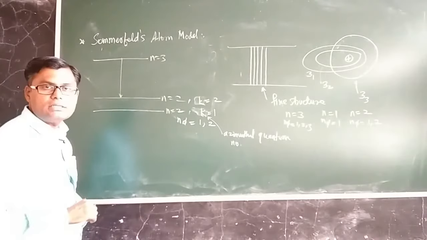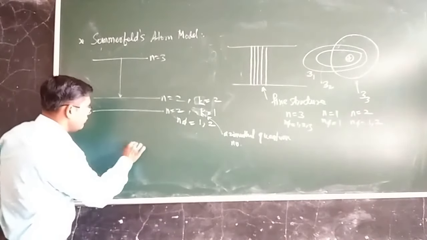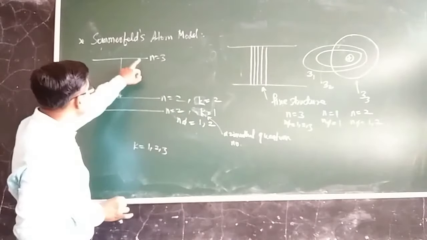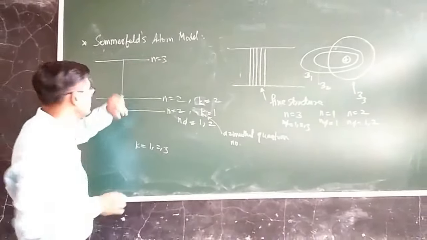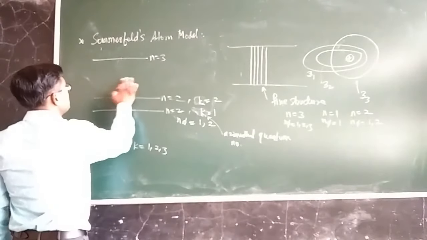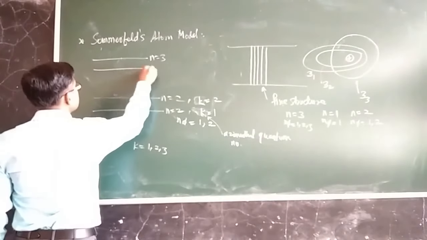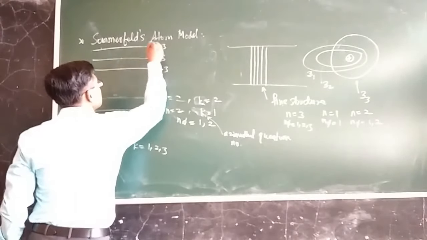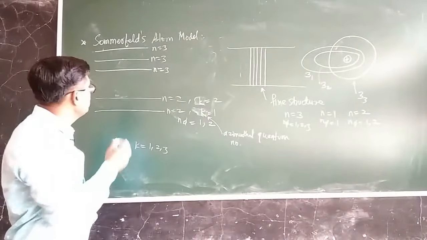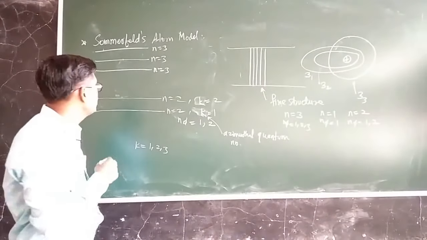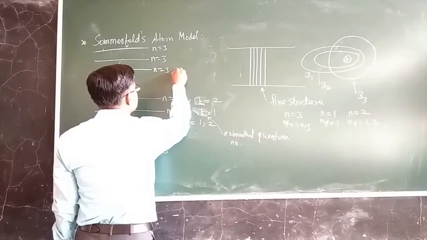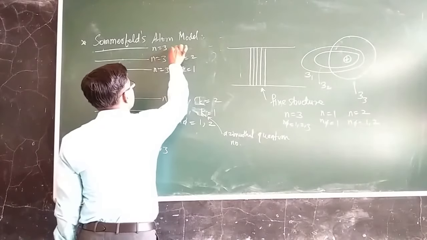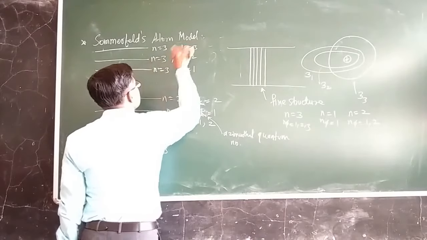What about n equal to 3? For n equal to 3, n phi or k will be equal to 1, 2, 3. So this single energy level will be split into 3 energy levels. Each will have n equal to 3, no doubt, that is the value of the principal quantum number, but it will also have sub energy levels or suborbitals, represented by k equal to 1, k equal to 2, k equal to 3.